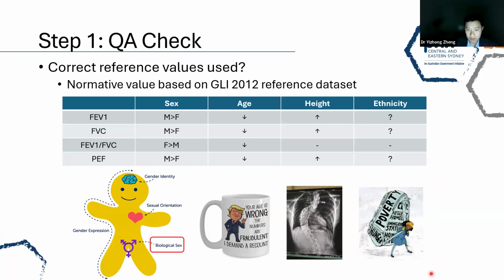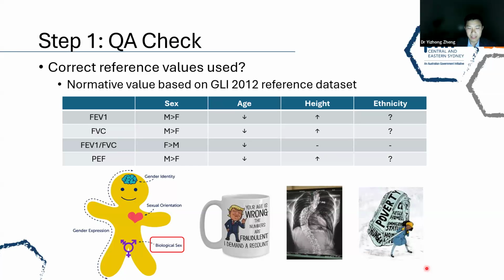Ethnicity is a controversial topic. In the past, we have had reference ranges for different ethnicities. So Caucasians generally have higher normative values compared to Africans and Southeast Asians. However, we recognize that some of these normative values do not account for socioeconomic factors or disparities in terms of early life exposure and nutrition, which may impact lung function.